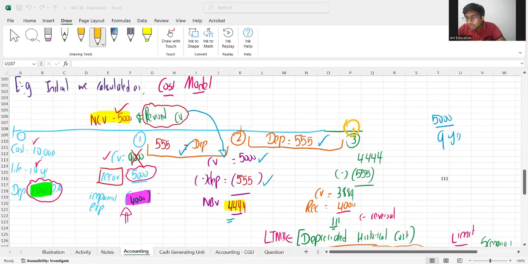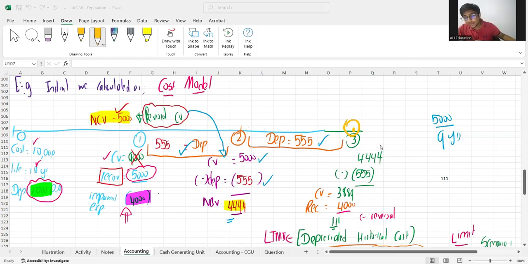Now something unexpected is happening in year three. Until year three, what we expected was that our market value is going to fall, right? Because of that only we did impairment, we found out the recoverable value, we revised our carrying value, we found out a new depreciation. All of this treatment was done on the basis that we thought our market value is going to fall in the future.